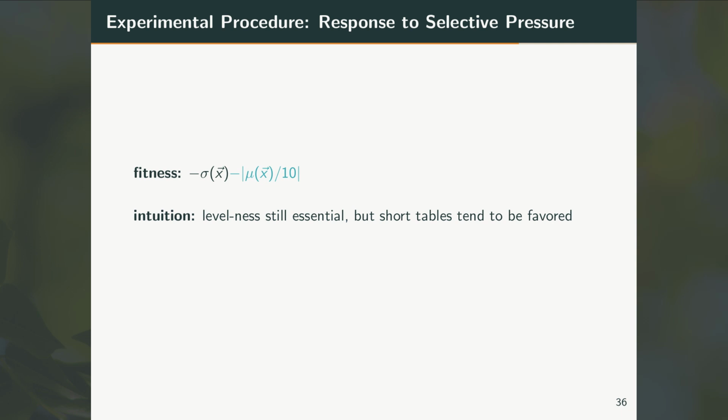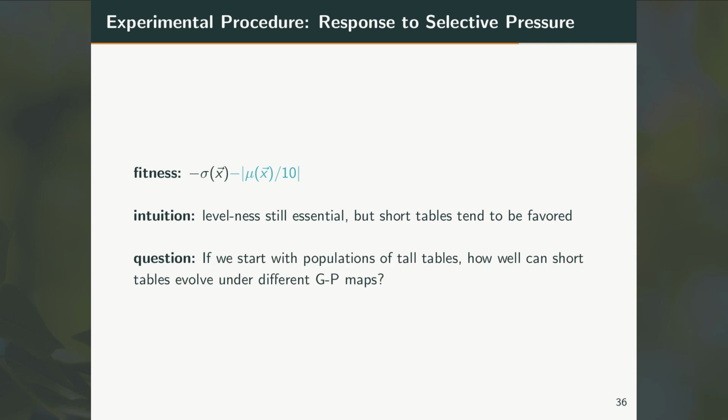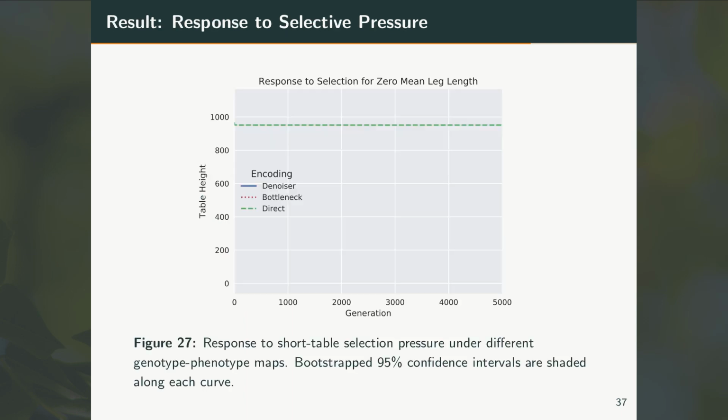And so levelness is still essential here, but short tables tend to be favored over tall tables, right? And so if we start with a population of tall tables, how well can short tables evolve under these different genotype-phenotype maps? How can we more systematically explore the set of phenotypes, right?